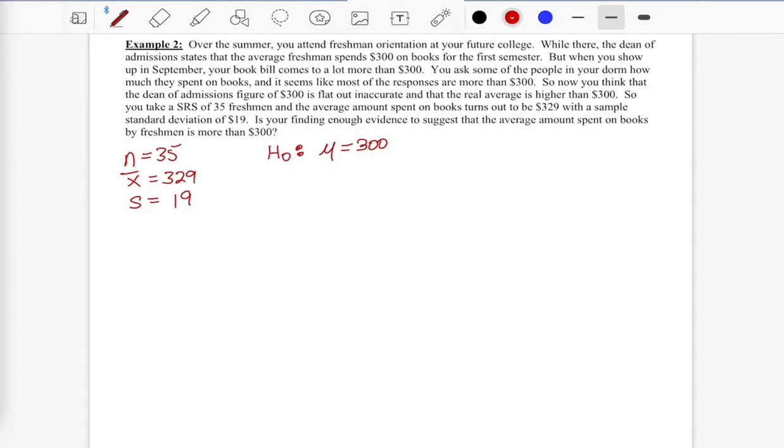All right. Alternatively, we would say that the average is actually more than 300, statistically significantly more than 300. All right. That leads us to a right tail test. We do not know the population standard deviation, so this is going to be a t distribution.